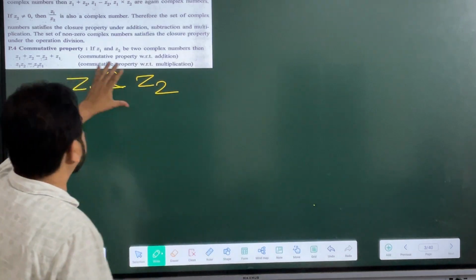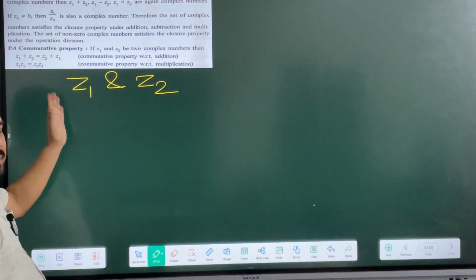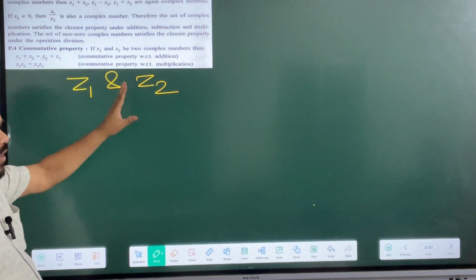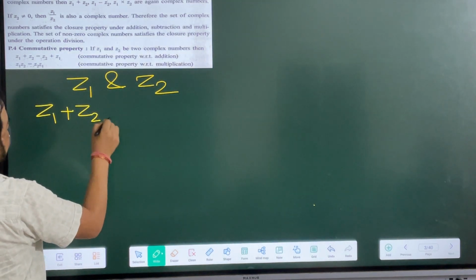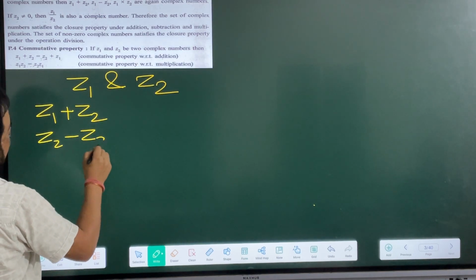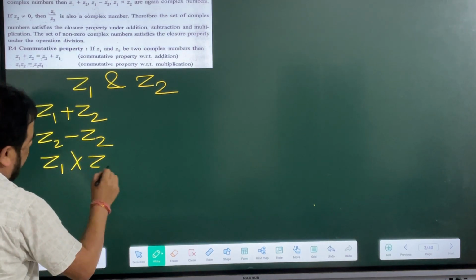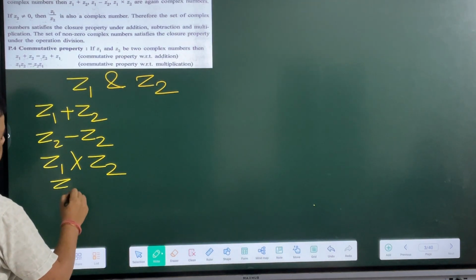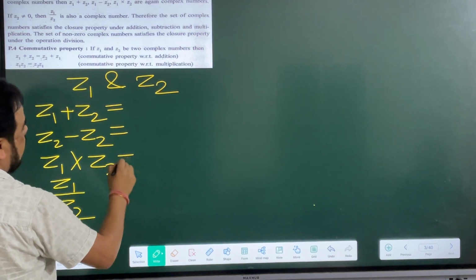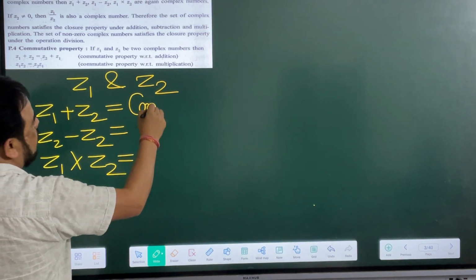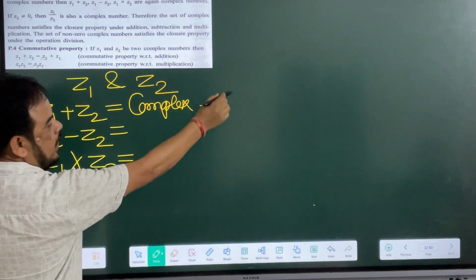So here also Z1 and Z2, two complex numbers, maybe A plus IB, maybe C plus ID, whatever. If we add, subtract, multiply, or divide, then also we will get a complex number.